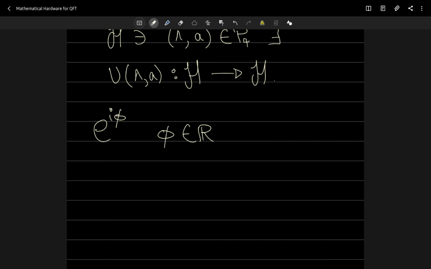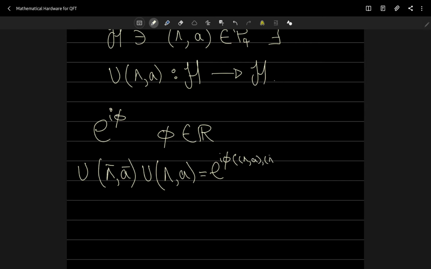Now, what I just said, I can write that down mathematically as unitary lambda bar A bar with unitary lambda and A, right? So this is the product of two unitary transformations, and they're physically indistinguishable from each other up to a phase factor that I just wrote, that is e to the power iota phi. So exponential iota phi, right? And phi is over here I would write lambda A and lambda bar A bar, right?